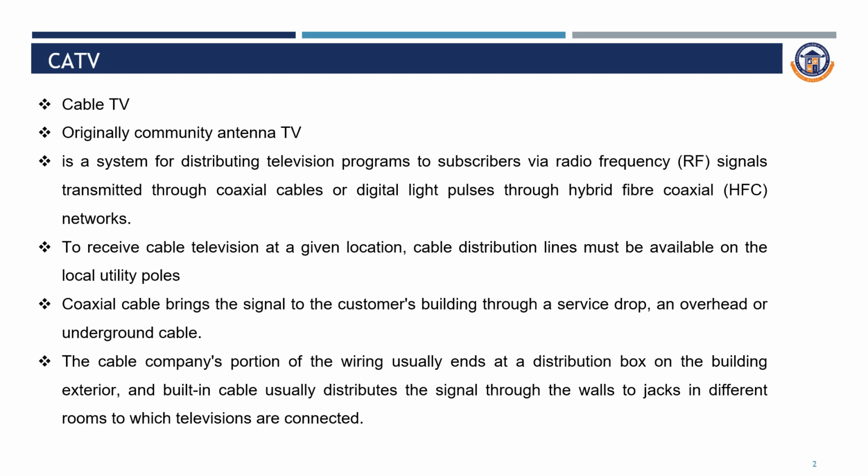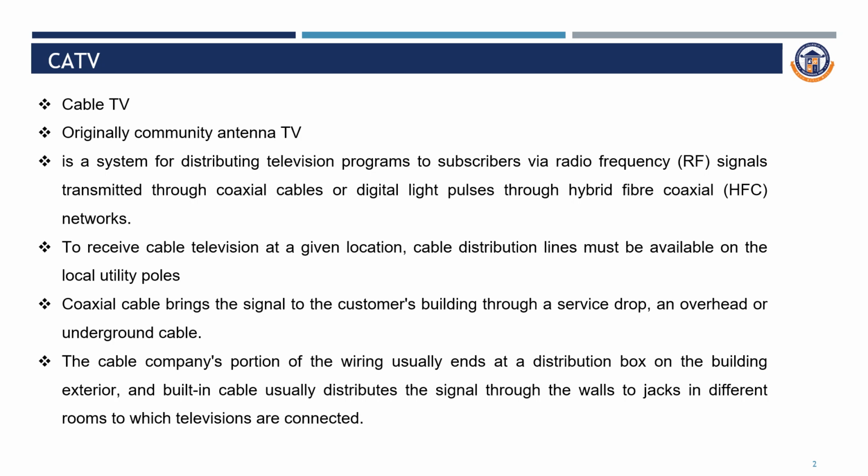To receive the RF signals that were passed through the cables, we have a receiver at a location. These cable lines are distributed to the local people, and the cable brings signals to their customers' own service, either by a service drop, or by using an overhead cable, or sometimes an underground cable.